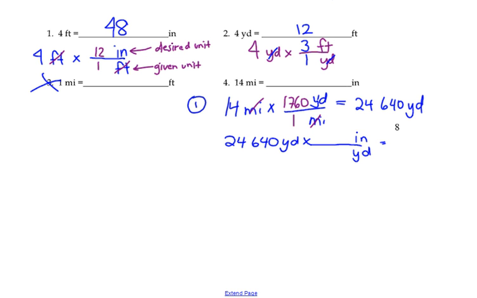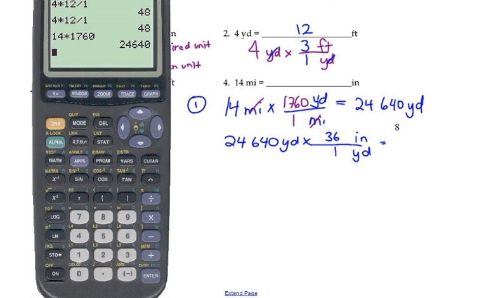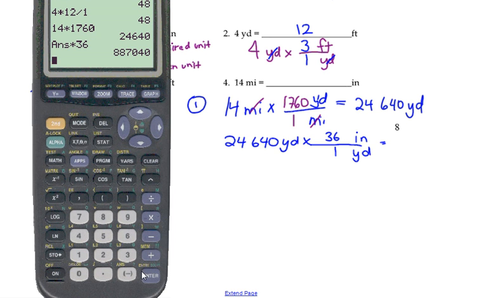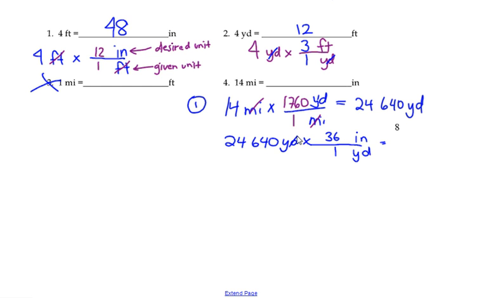Yeah, for sure. So I know that there's 36 inches in 1 yard. So multiply by 36. So you'd be multiplying, not dividing though. Yeah. So times 36. And that gives us 887,040. It's better than being boiling hot.